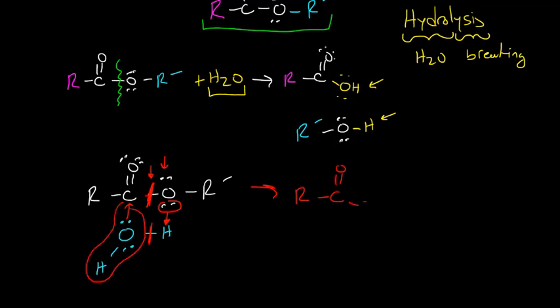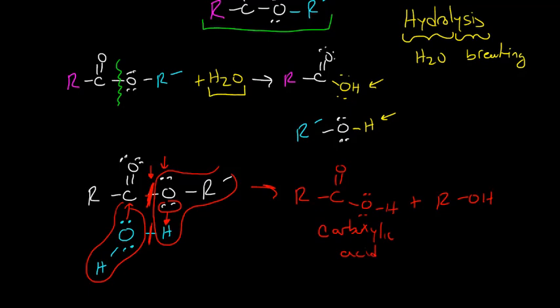So we create a carboxylic acid, and this R prime is now attached to an alcohol. So it's always true that the product of hydrolysis of an ester will give you a carboxylic acid, and it will give you an alcohol.